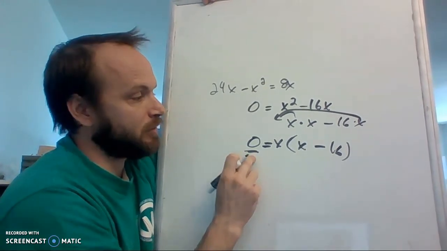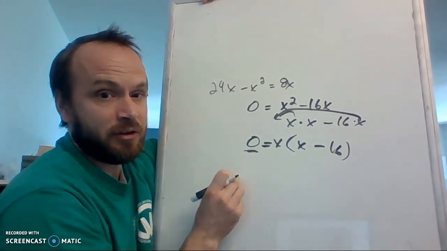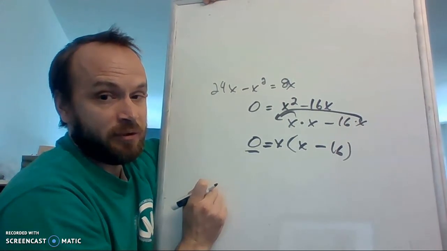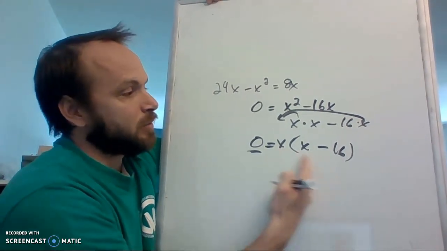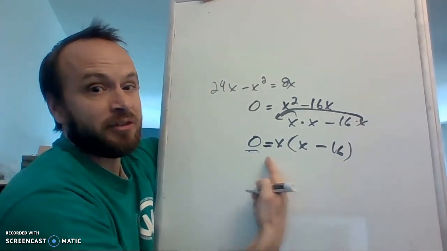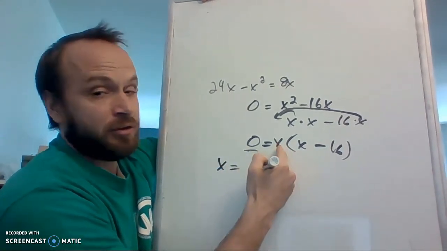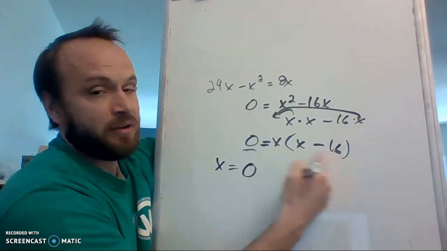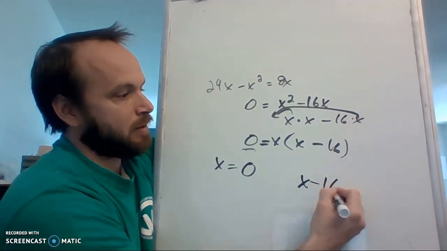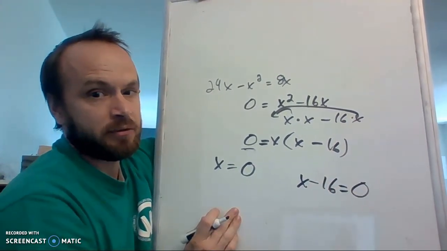Because the only way you're going to get 0 when you're multiplying is that one of the factors has to be 0 itself. So in order for us to solve this, x either has to equal 0, or this term has to equal 0.